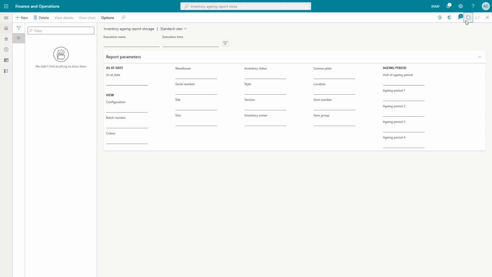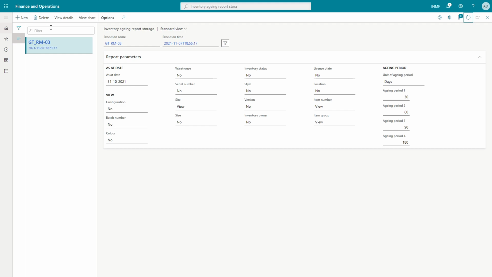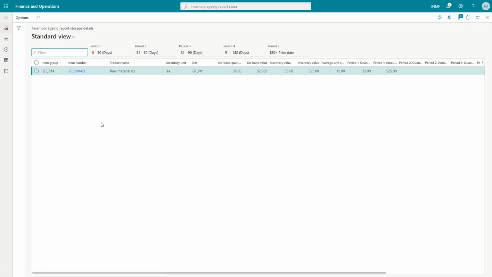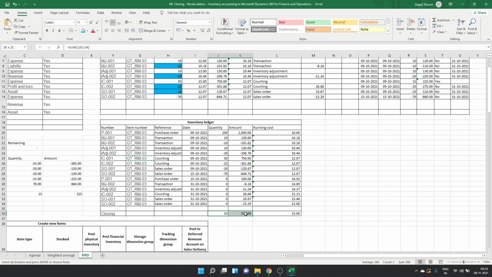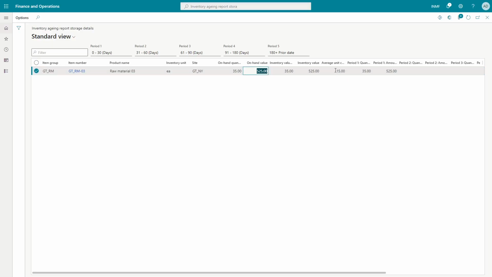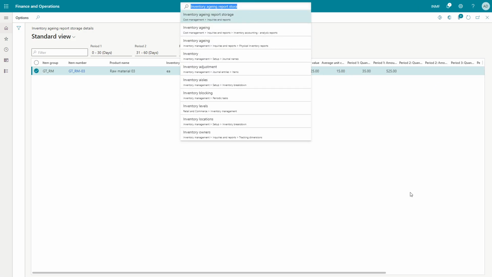It should come up anytime. Yeah. If we see the view details, on hand quantity is 35, on hand value is 525, which is matching with our working, and average cost is 15.